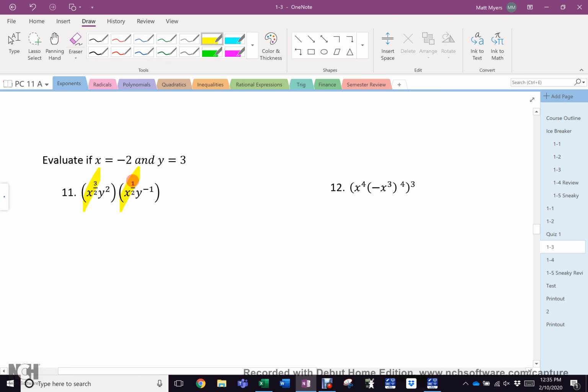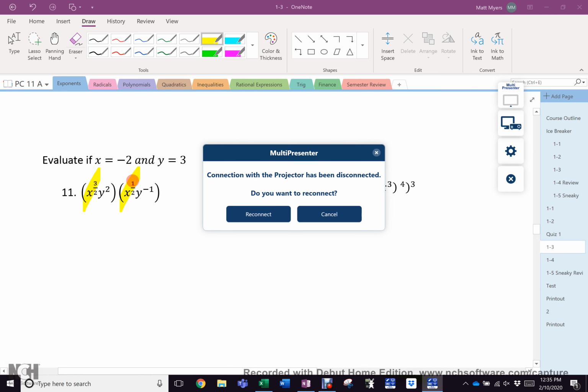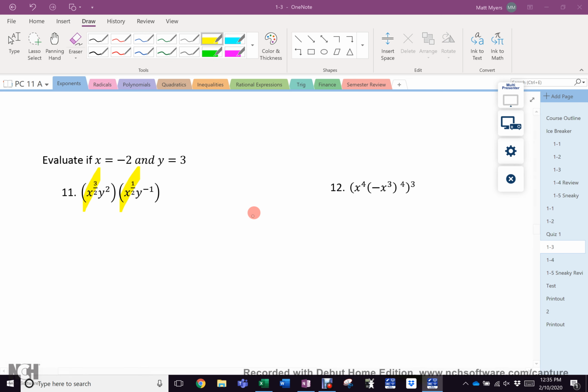And what should I do with those exponents when I'm multiplying them? What is 3/2 plus 1/2? 4/2, which is 2. So isn't that really x squared? Right? So we'd write x squared.